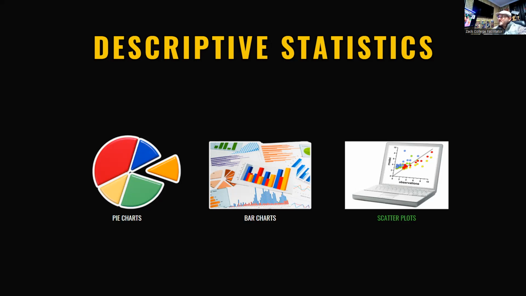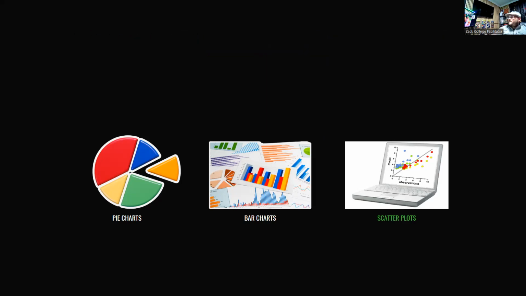When you talk about pie charts, bar charts, and scatter plots, they oftentimes become a focal point for us to understand our data. It gives us a glimpse, and it also shows our audience why we need to have a change happen.